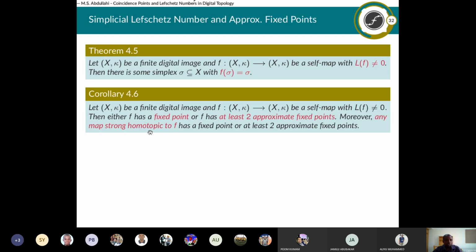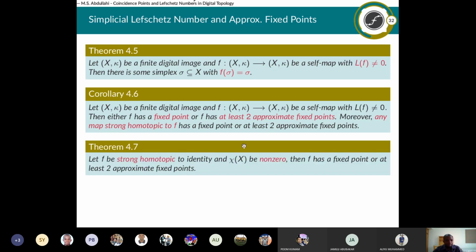And we also find out that for any mapping that is strong homotopic to this function f, they will have the same Lefschetz number. This is true because we know that the simplicial Lefschetz number is a strong homotopy invariant. So therefore, if a function f has a non-zero Lefschetz number and it's homotopic to function g, and if f has a fixed point or at least 2 approximate fixed points, then g also will have a fixed point, or it will have at least 2 approximate fixed points.